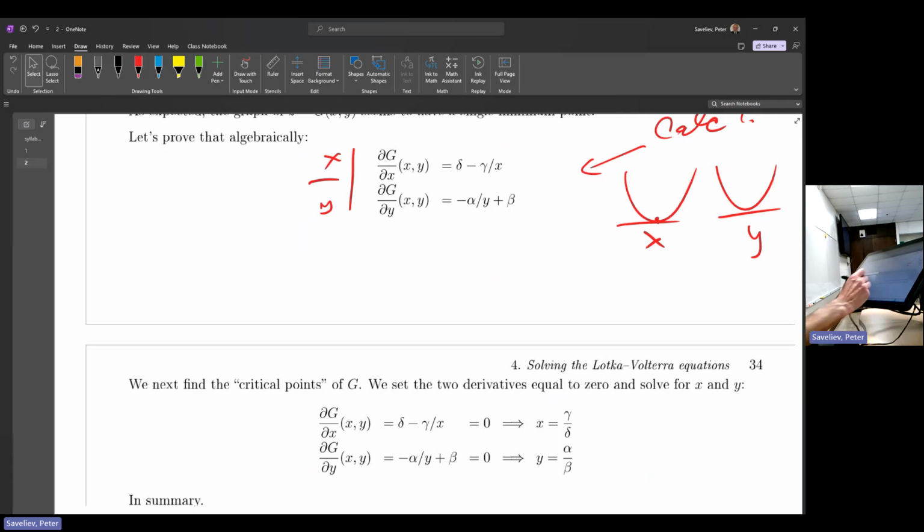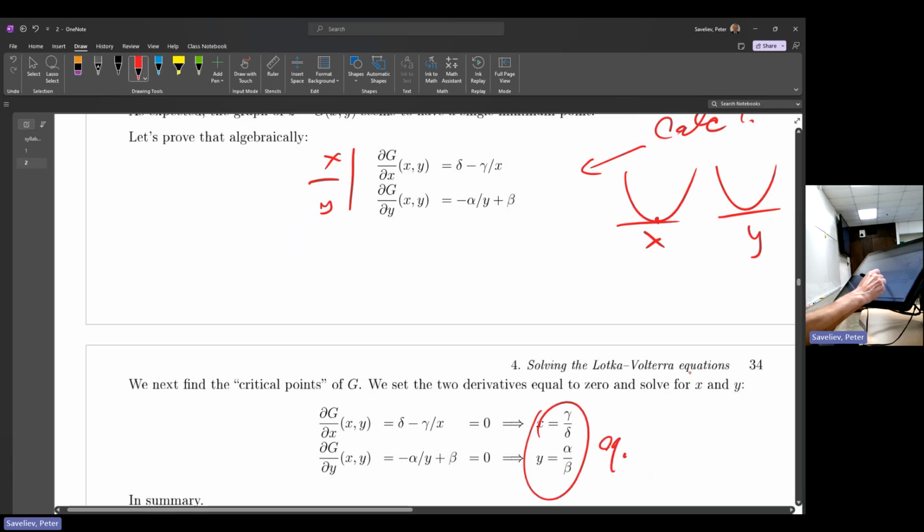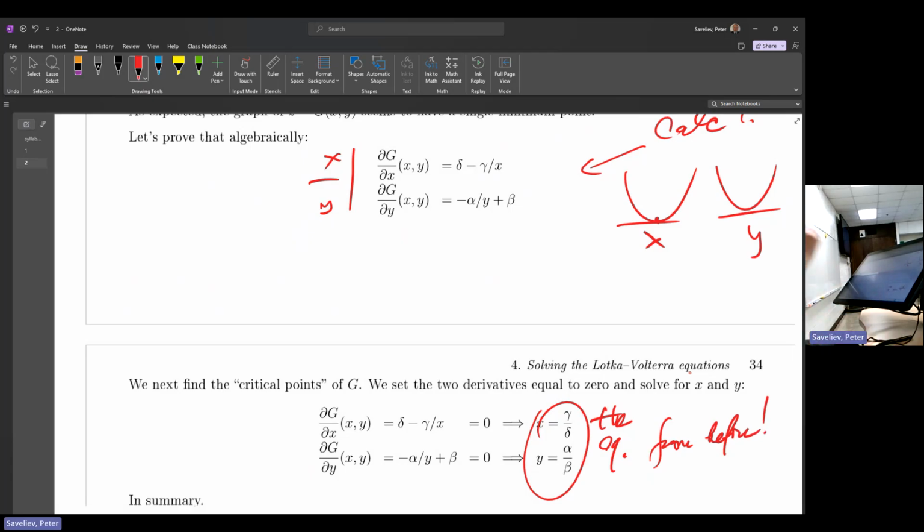So these are indeed the equilibrium that we saw, the equilibrium from before. We found it in a manner that was entirely different. Remember, it was sign analysis.